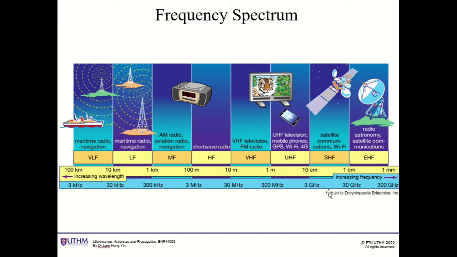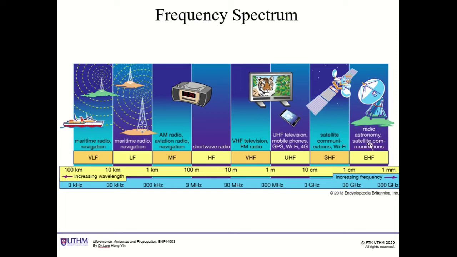From 3 kilohertz to 3 gigahertz is the RF frequency, and then 3 gigahertz until 30 gigahertz is the microwave frequency, and 30 gigahertz to 300 gigahertz is the millimeter wave band frequency.